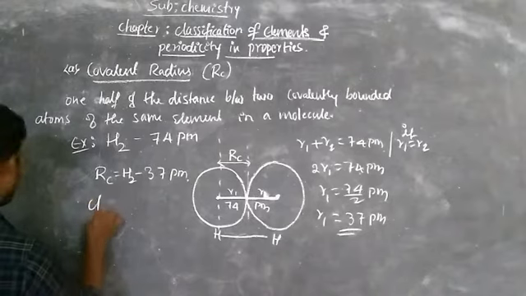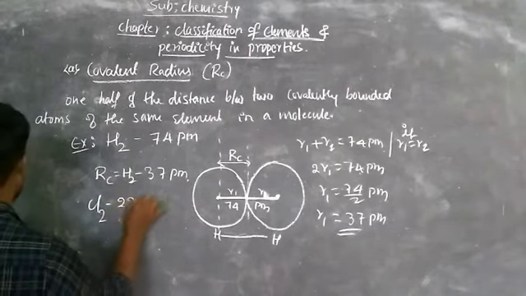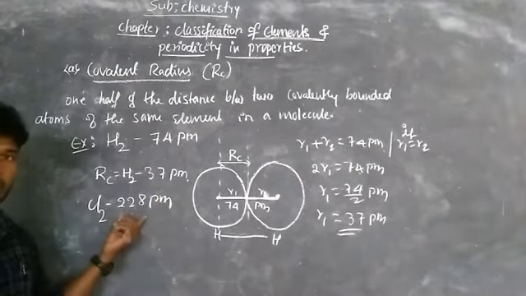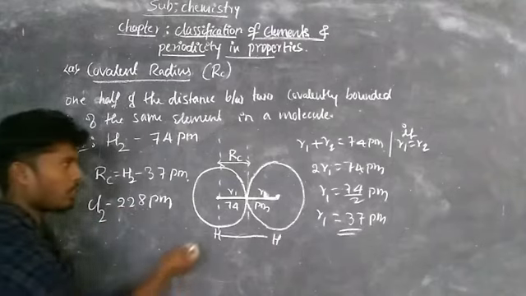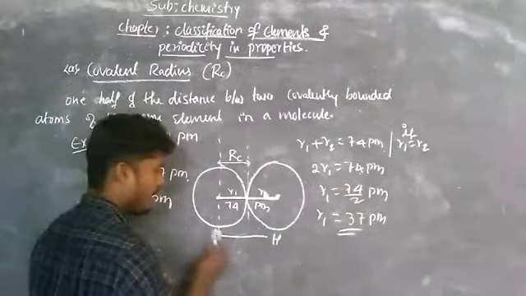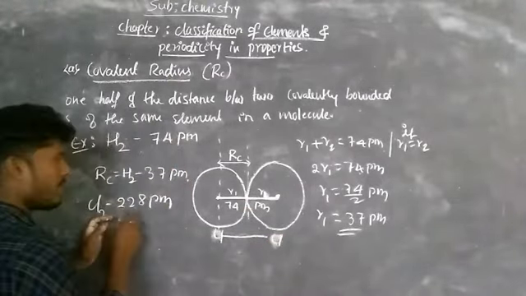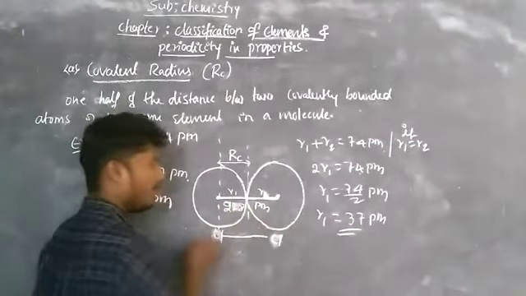Similarly, take a chlorine molecule. The covalent radius of a chlorine molecule is 228 picometer. Let us assume this is one chlorine atom Cl and this is another chlorine atom. Between these two, the distance is 228 picometer.